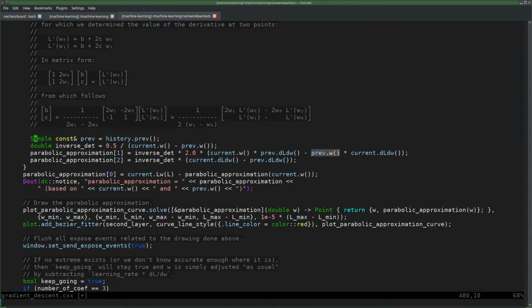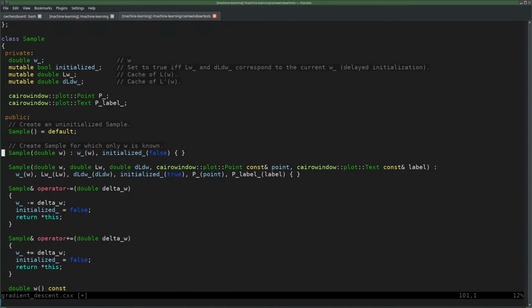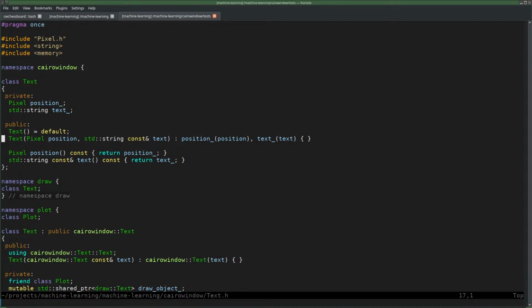These things are samples, and the sample is not containing what the history number is. Well, actually it is, because I have a text here, plot text. Let's see if that contains a string. I'm going to just use this.